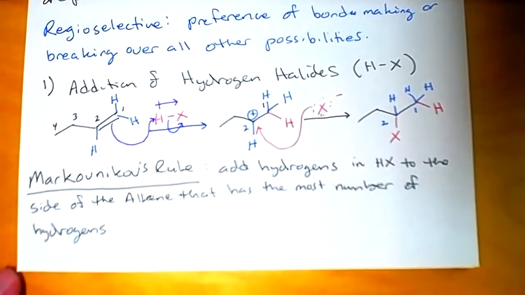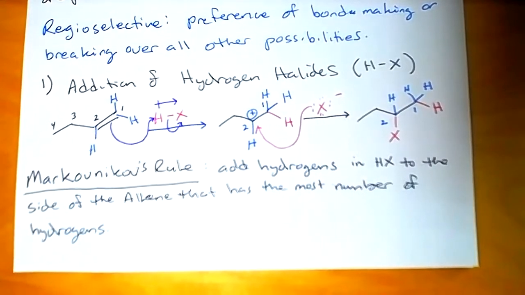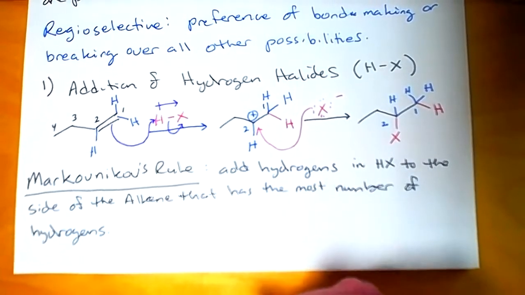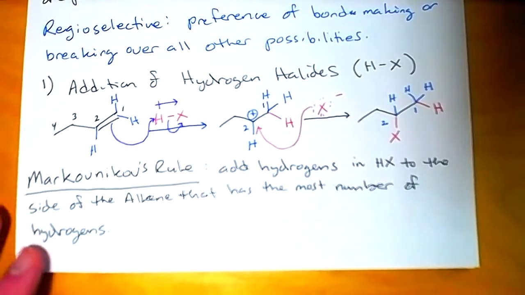You add hydrogens in hydrogen halide additions to the side of the double bond that has the most number of hydrogens.